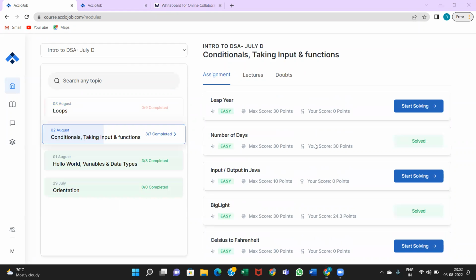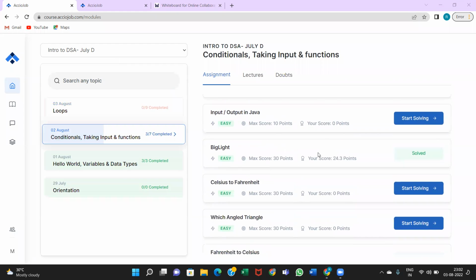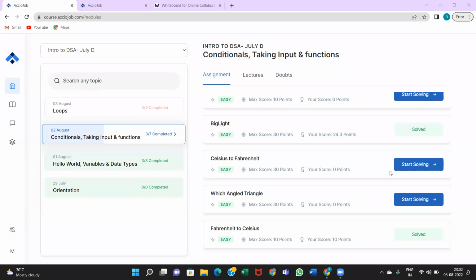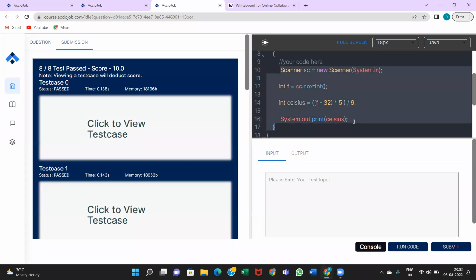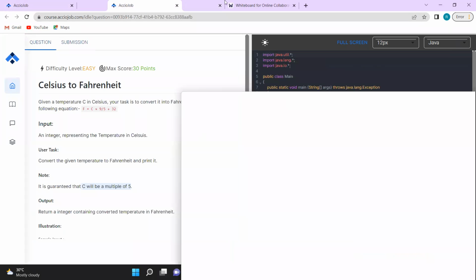Okay, so the next one is input. Similarly for Celsius, if this is not a multiple, then definitely you should take float or double. This is the same problem here. It is given that temperature C is guaranteed to be a multiple of 5. So it's very much the same. I'm just copying the code and showing it to you guys.